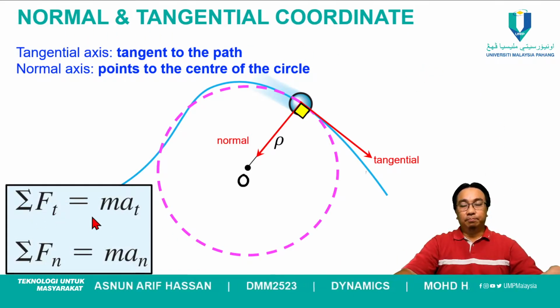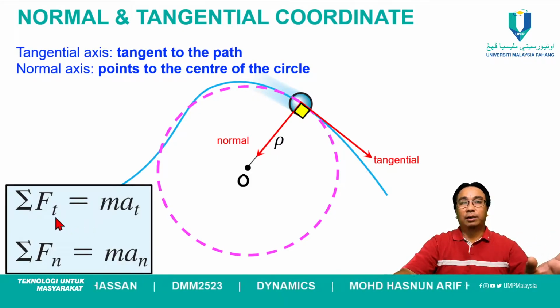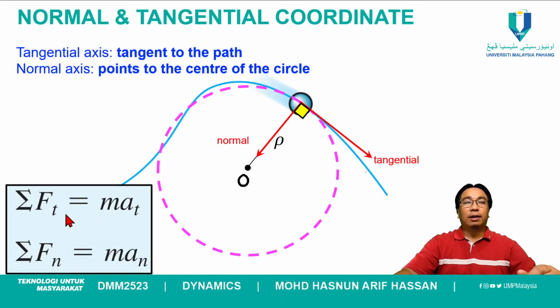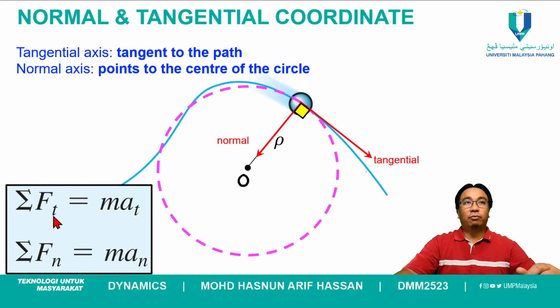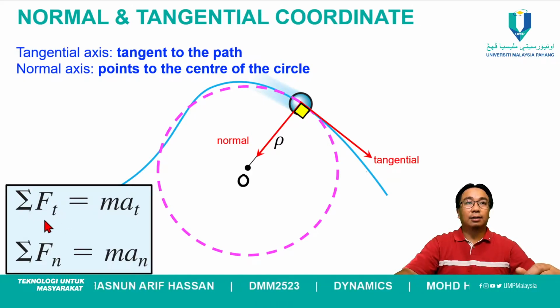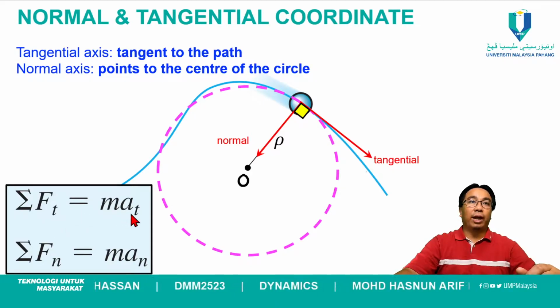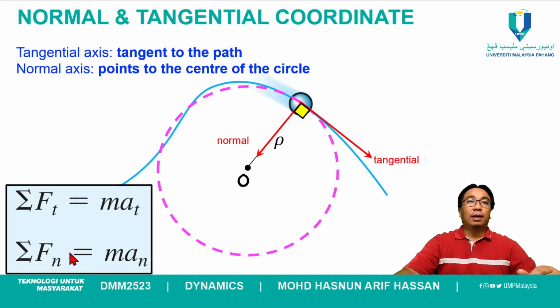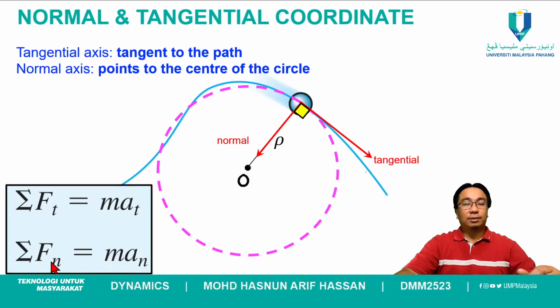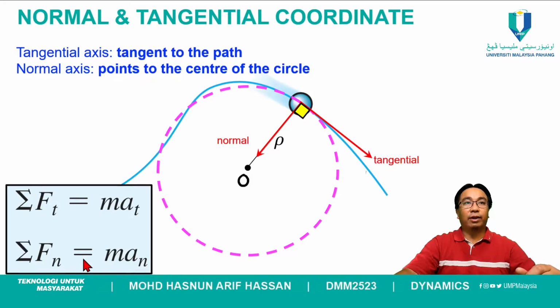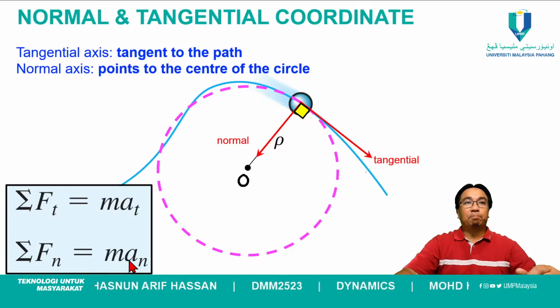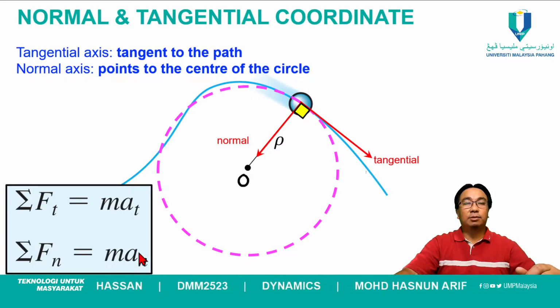Like what you have before, Fx and Fy, now we have the sum of Ft, the total force in tangential axis, is equal to m a_t, and also the sum of forces in normal axis, Fn, is equal to m a_n, the mass times acceleration in normal axis.